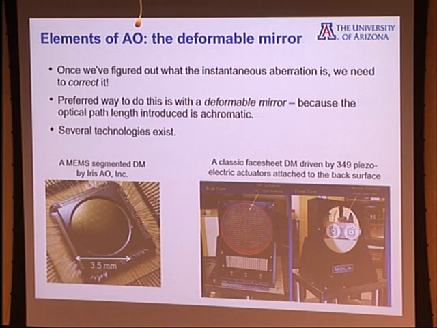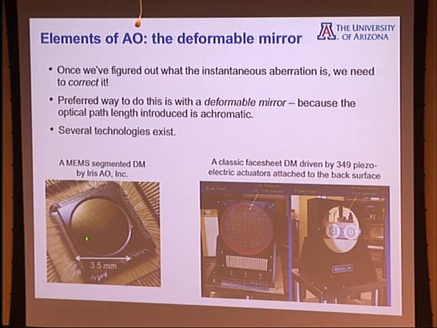Once we have deformable mirror commands, we can apply them to the actuators of my rubber mirror. And there are many technologies for making deformable mirrors. Here's a couple of them. So this is one. It's a MEMS, micro-electromechanical system. It's fabricated in a growth chamber with a layer of silicon nitride on top, which can be deformed.